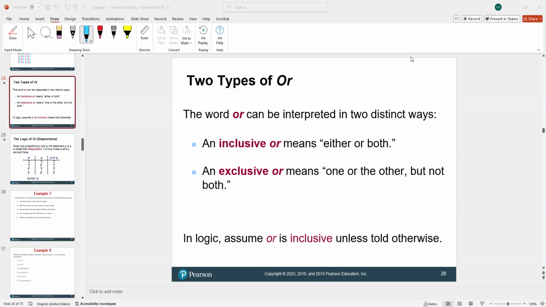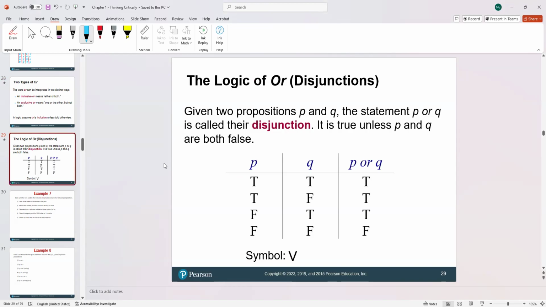So inclusive is very important. You can see a few examples when we talk about the or connector. One of the examples I like to use is a health insurance policy that says it covers hospitalization in cases of illness or injury.